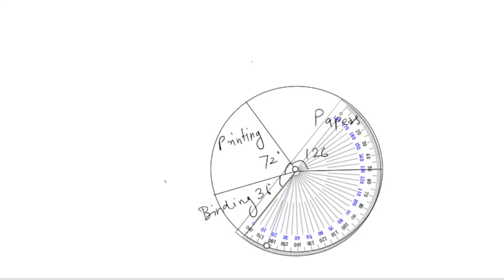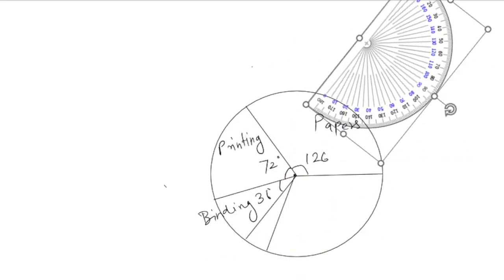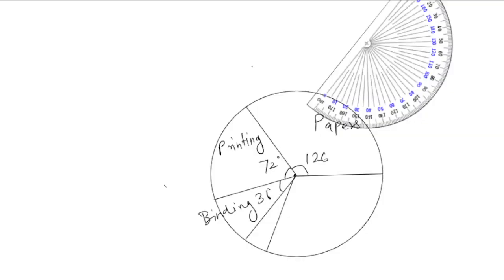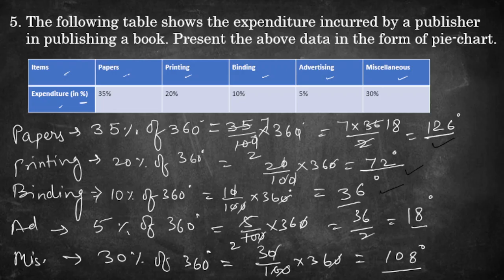Okay, so it is 18 degree. So this one is your 18 degree, for advertisement. The rest, 108 degree, is for miscellaneous.